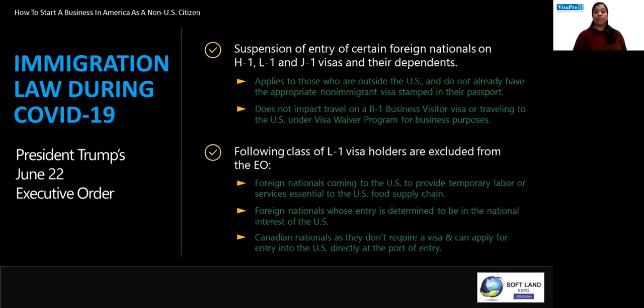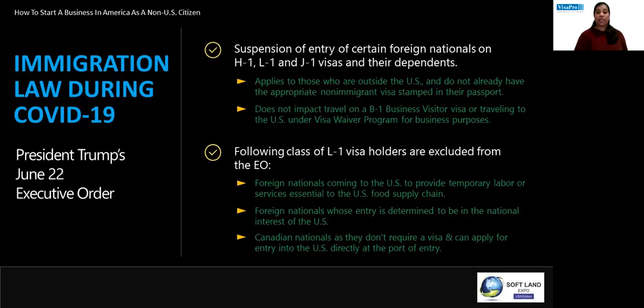Additionally, the following class of L1 visa holders are also excluded from the proclamation. Foreign nationals coming to the US to provide temporary labor or services essential to the US food supply chain, foreign nationals whose entry is determined to be in the national interest, including those critical to defense, those involved with medical care of individuals with COVID-19, those involved with COVID-19 medical research, those whose activities will facilitate the economic recovery of the US, or those whose children may age out due to the proclamation.